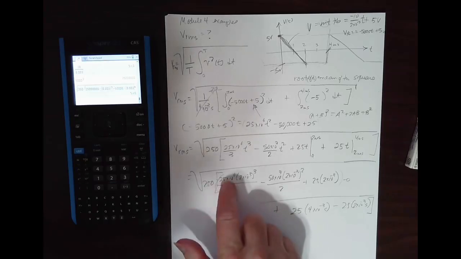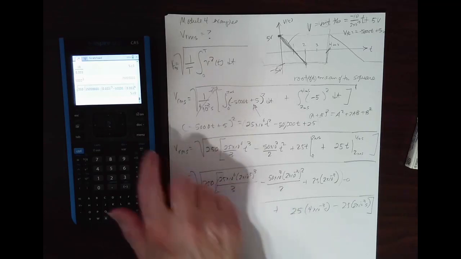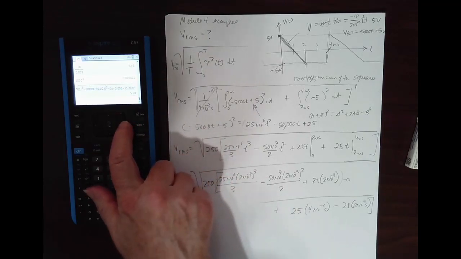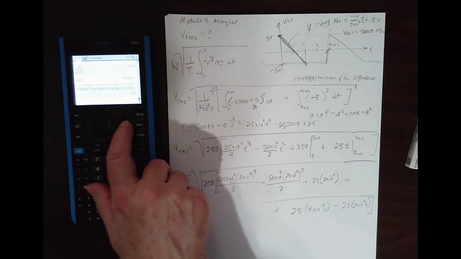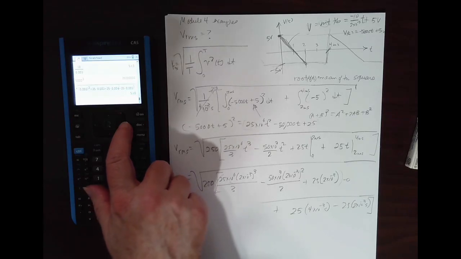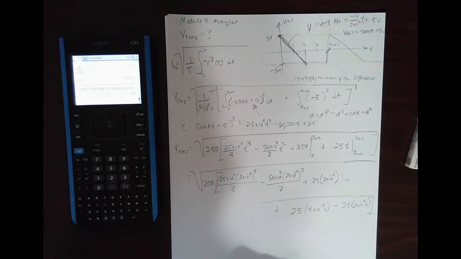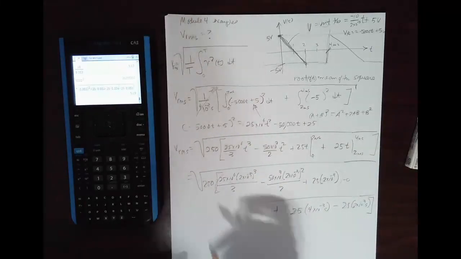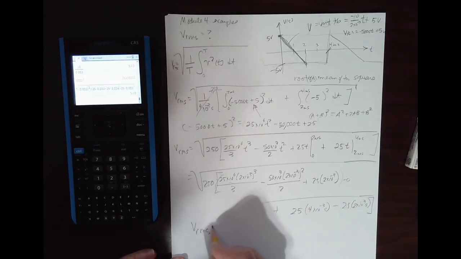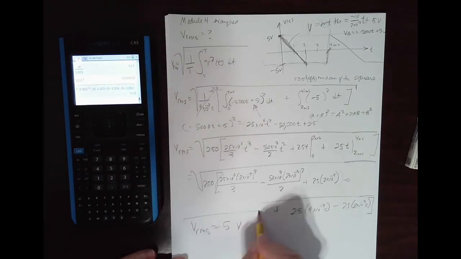All right, so let's just check. 250, 25 10 to the 6, 0.002 cubed, 50,000, and 0.002 squared, 25 is 0.002, plus 25 times 0.004 minus 25 times 0.002. All right, yeah, so those cancel out. All right, it says it's 5. Okay, VRMS equals 5. After all that, 5 volts.